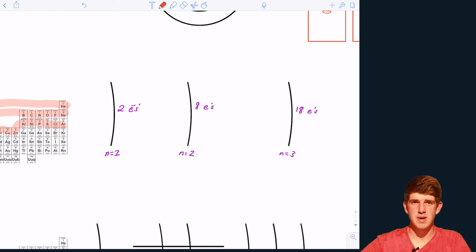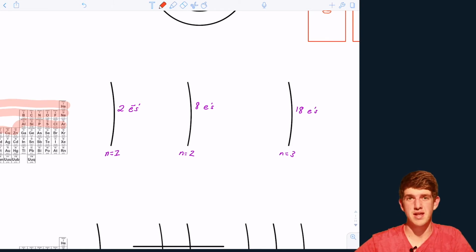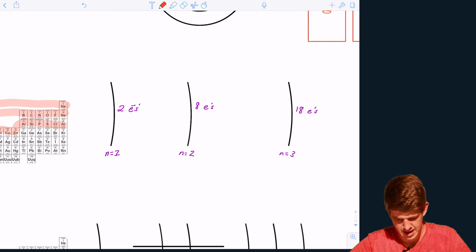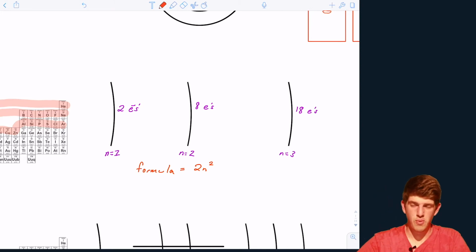Now you shouldn't memorize every single amount of electrons from the periodic table, because there's actually a formula you can use to find out how many electrons are in each shell. And that formula that I would recommend memorizing is 2n squared, where n is the shell, and whatever answer you get from this equation will be the total number of electrons that can be in that shell.